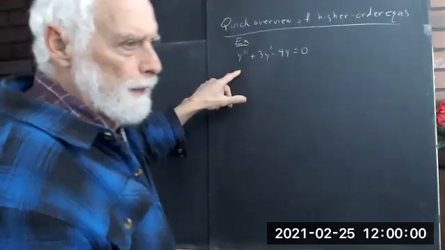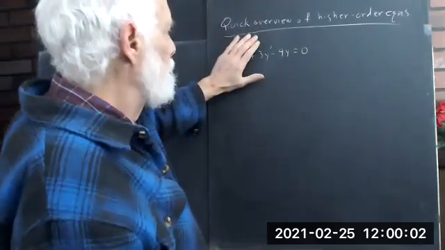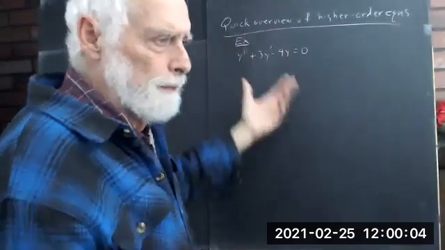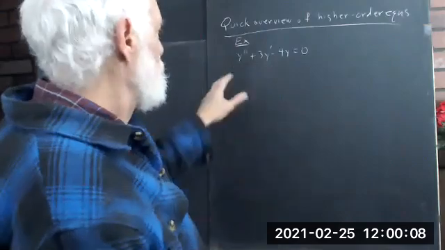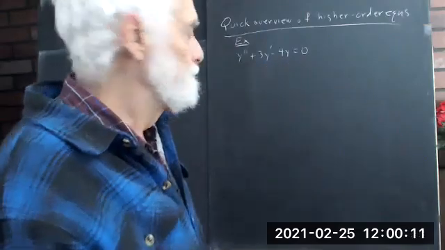Now we have a second derivative here. Everything we've done before is confined to first derivatives and the function itself. Okay, but it turns out this is very easy to handle.